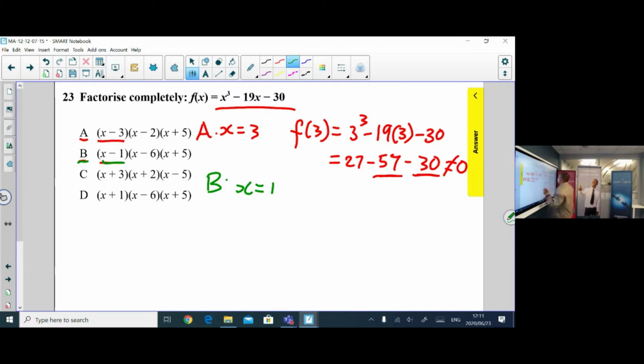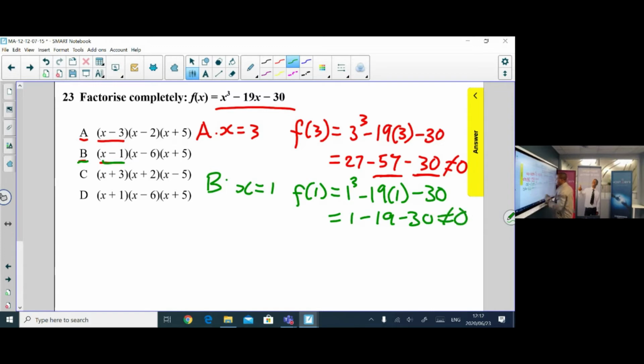So when you do that, you get your f of 1 being 1 cubed minus 19 times 1 minus 30. 1 minus 19 minus 30 is clearly not equal to 0. It's just too negative. So you might have to leave that one for now because it's not fully satisfying.